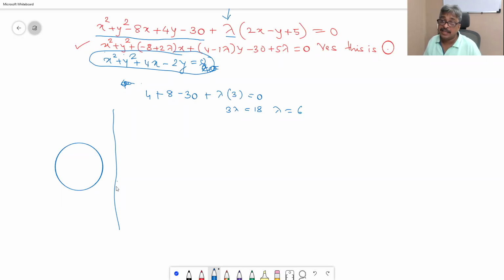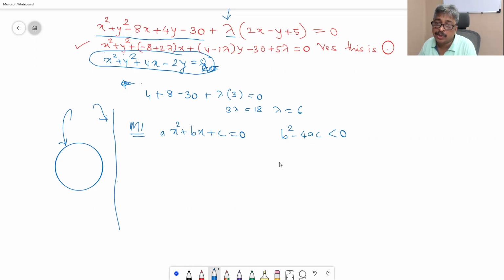They don't intersect in the real plane. So by method 1, if you try to solve this line simultaneously with this circle, you will get a quadratic in x where the discriminant b square minus 4ac is going to be less than 0. In that case, the line is not intersecting the circle.